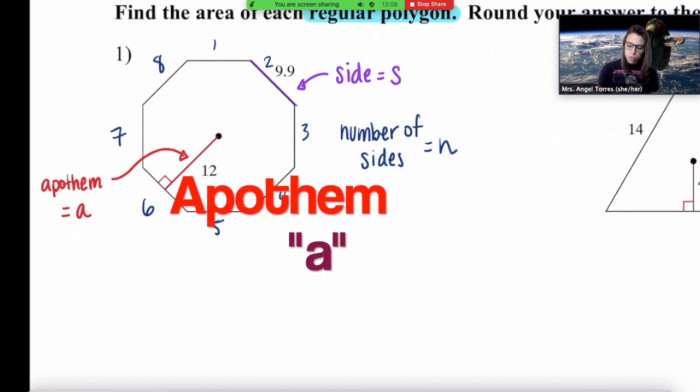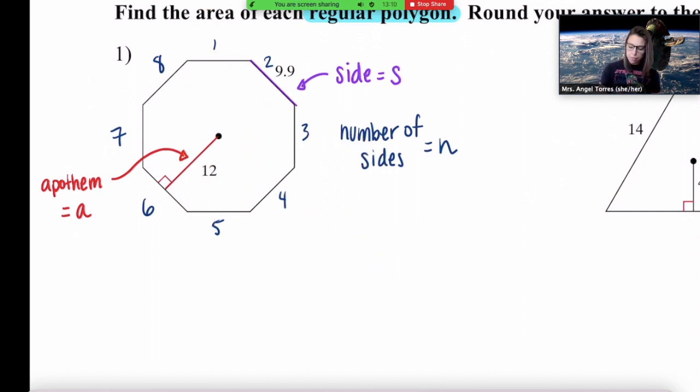So let's derive our formula for area of this polygon. The area of this polygon is, first, the area of the triangle. If you think about the formula for area of the triangle, it's 1/2 times base times height.